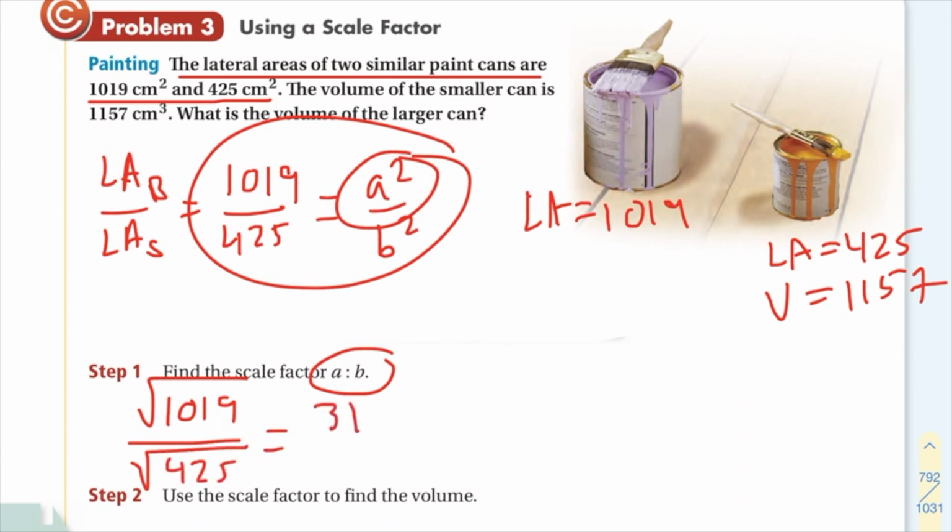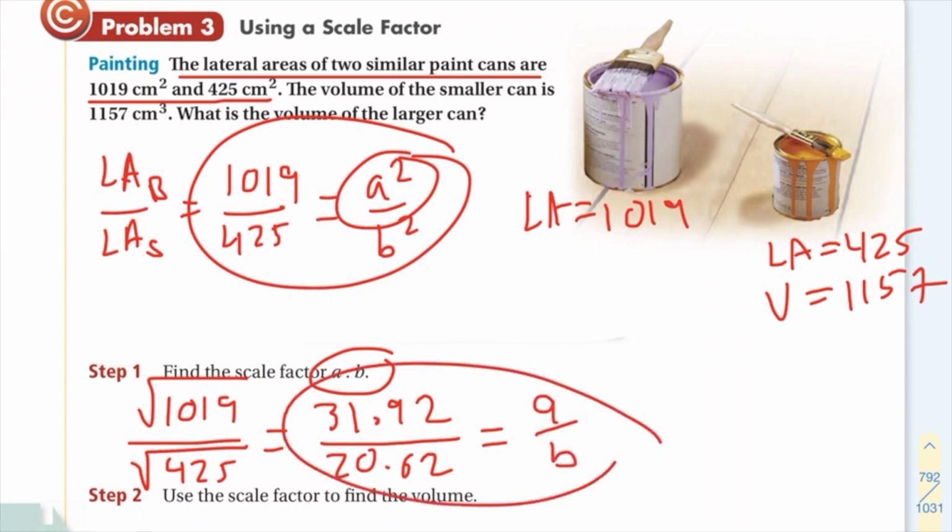And you'll get these nice little decimal numbers here. 31.92 over 20.62. And now we have our scale factor as well.